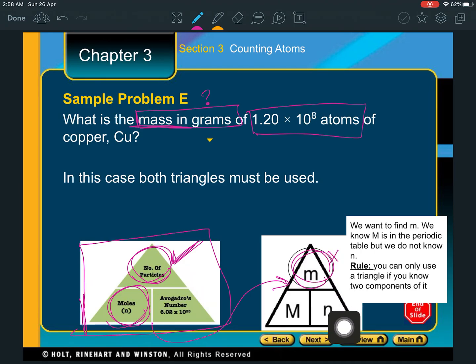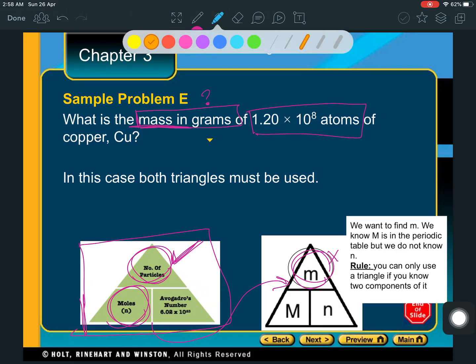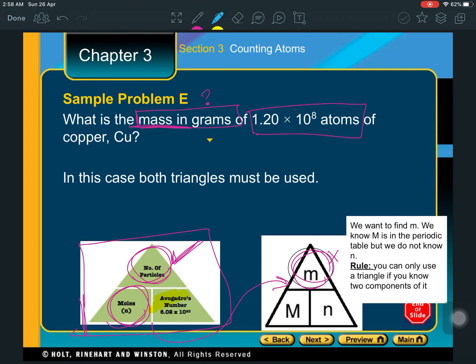Okay? In each of the triangles, you have one thing that is just automatically given to you. So you see this guy right here? This one is already known. This one is also always known. This is because Avogadro's number does not ever change. It's always going to be 6.022 or 6.02, depending on how you round it, times 10 to the power 23. That does not change.